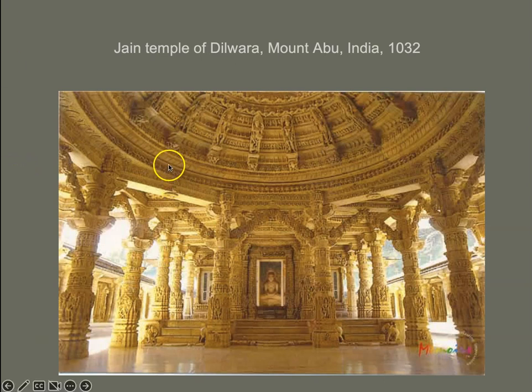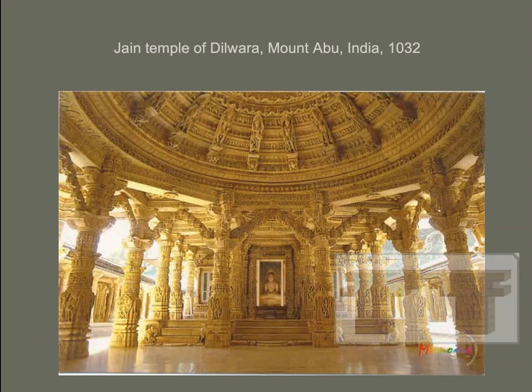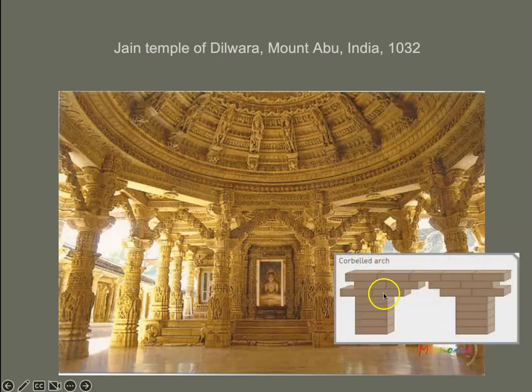You can see that here how each layer kind of projects out from the one below it as you're going up into the dome. Here you can see what the corbelled arch looks like and how one stone kind of projects off the one below it.